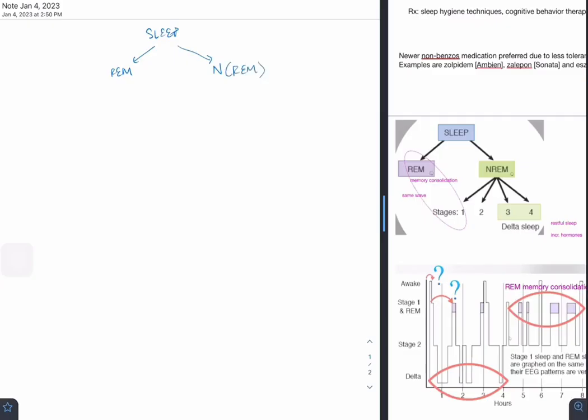They are different. REM refers to rapid eye movement.